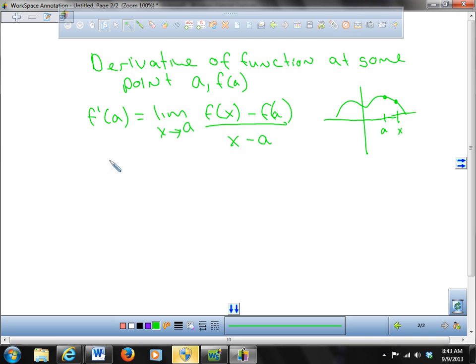For example, find the derivative for f of x equals root of x at A. Okay?